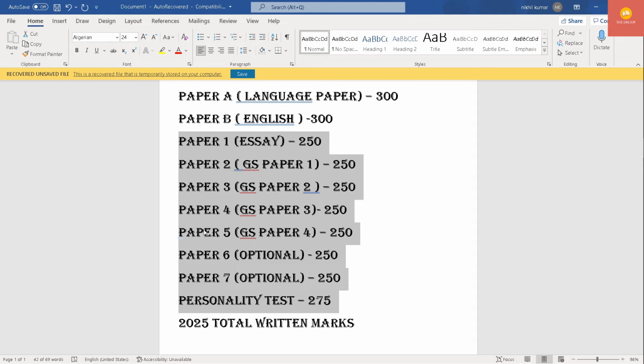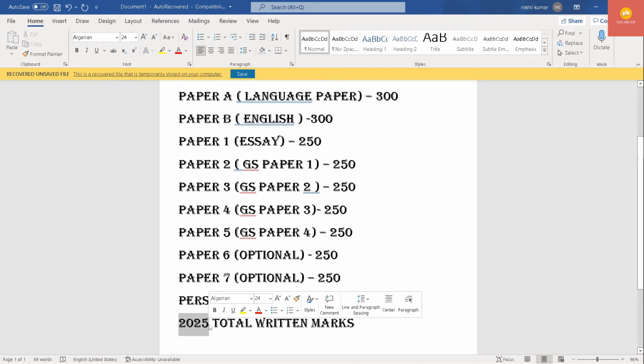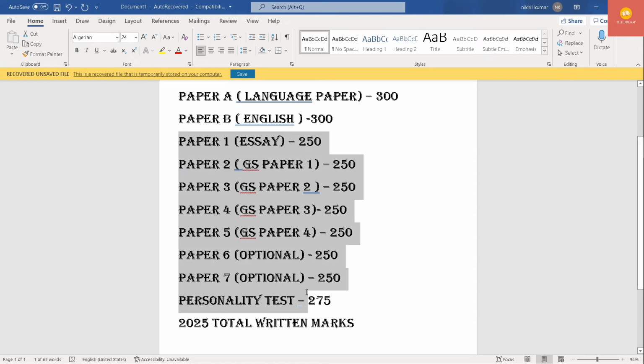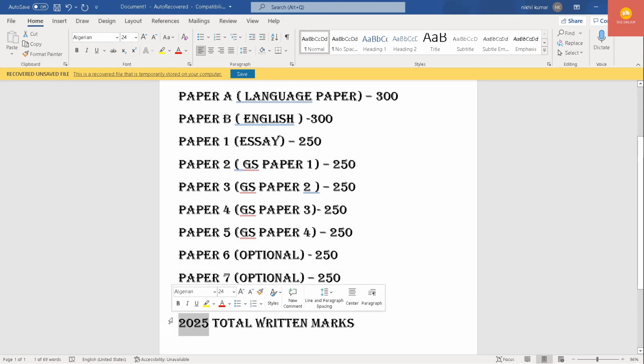So if you count the marks of paper 1 to personality test, you will get this digit. Hope you are clear that when you count the marks of paper 1 to personality test, you will get this digit.